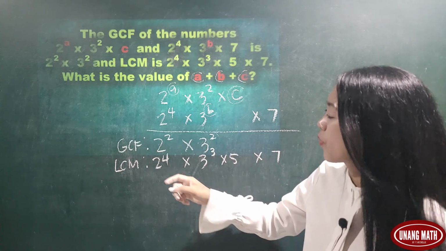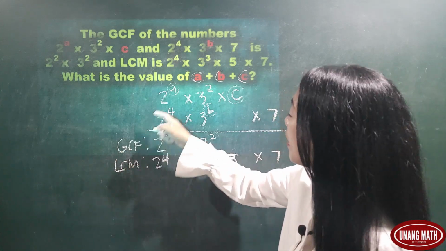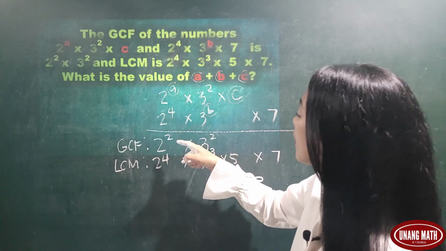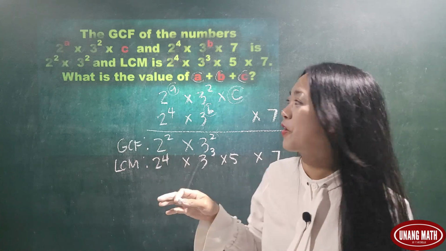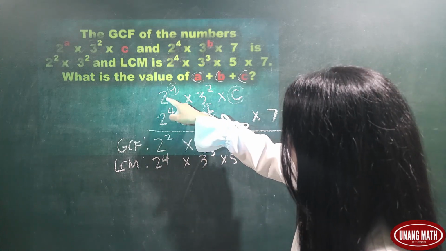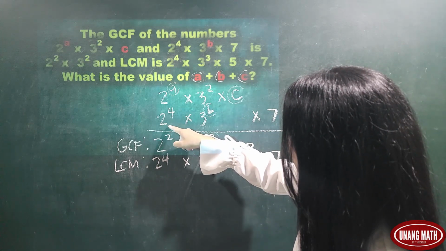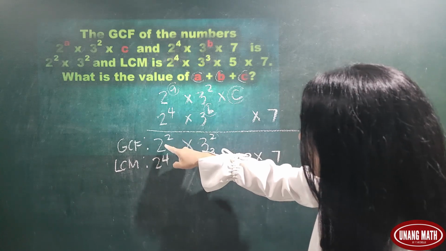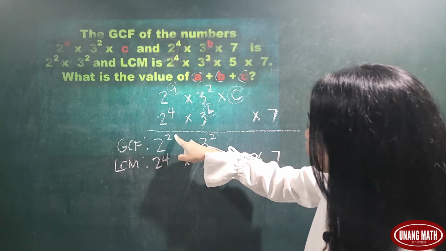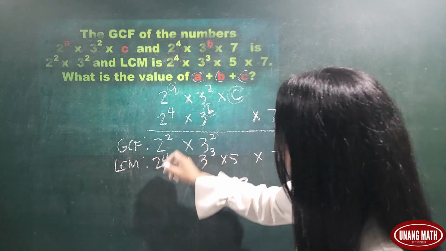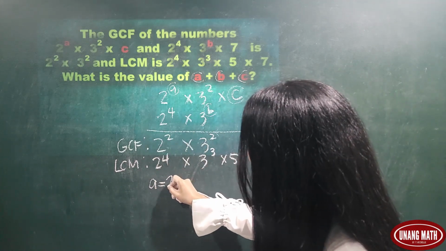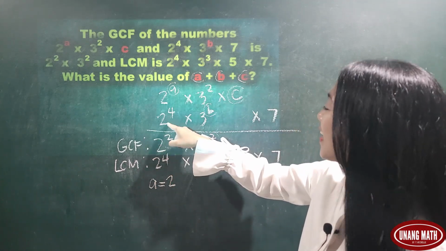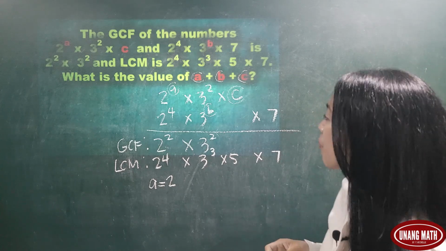Okay, remember, if we are looking for the GCF among the numbers with the same base, we need to choose the smaller power. So this is 2 raised to the power of A, this is 2 raised to the power of 4, and the GCF is 2 raised to the power of 2, or 2 squared. It means A is equal to 2, because 2 squared is less than 2 raised to the power of 4.